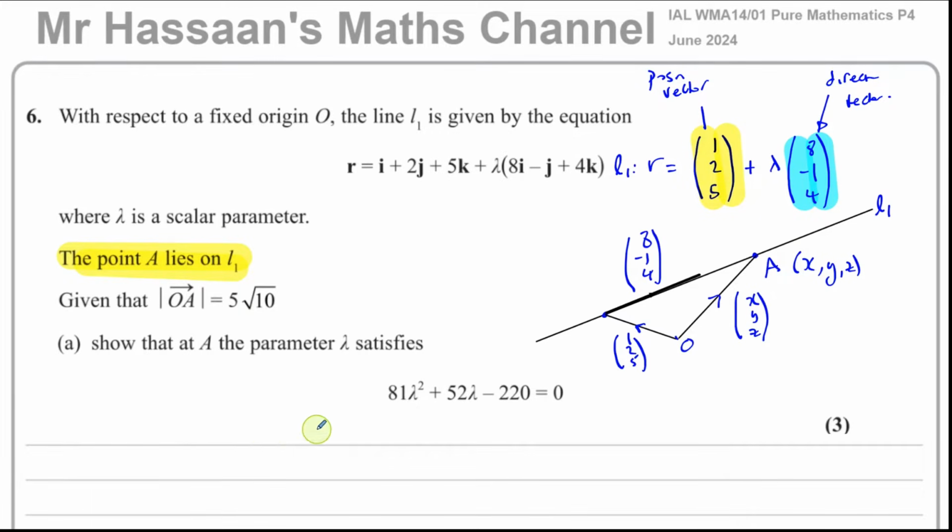Now, that means that this position vector will be satisfying the equation of the line.